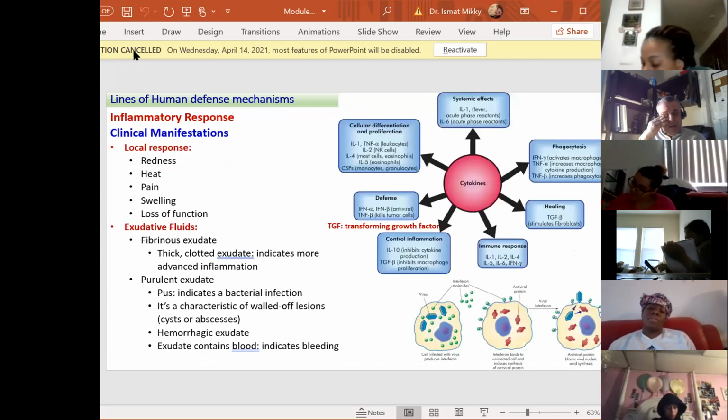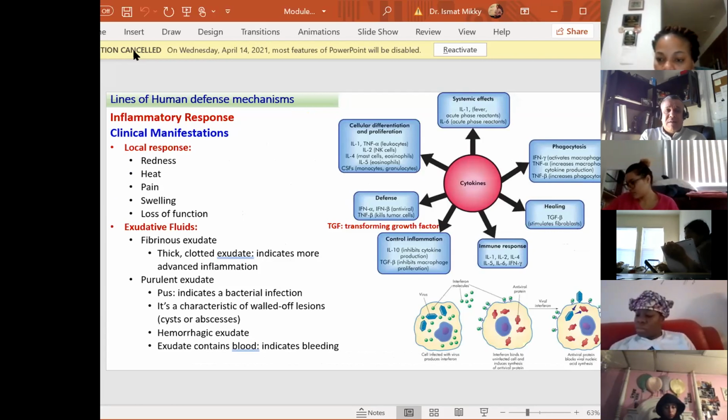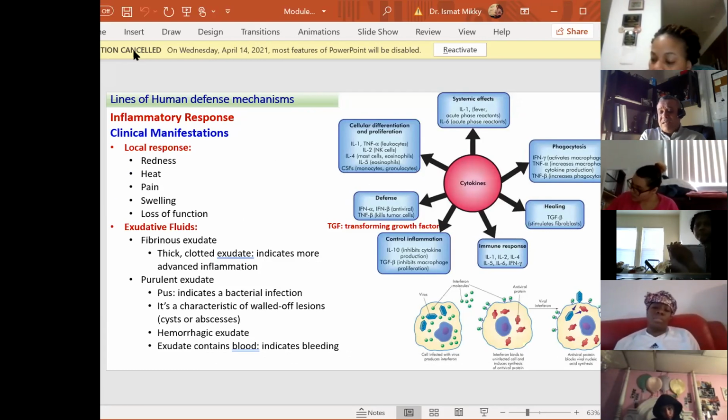So the local response or the clinical manifestations of inflammation: we have local manifestations, and we have systemic manifestations. The local manifestations mostly result from the leakage of fluids, which we call exudate, when fluids leak from blood vessels into the interstitial space.